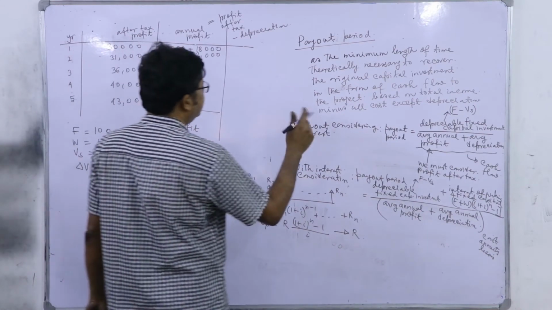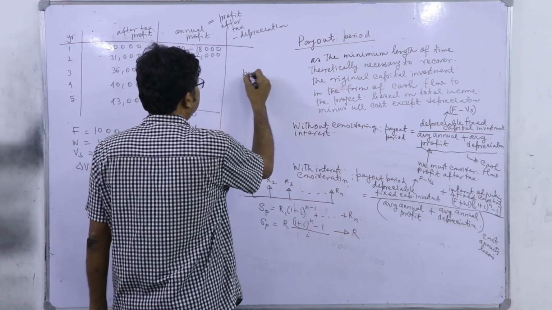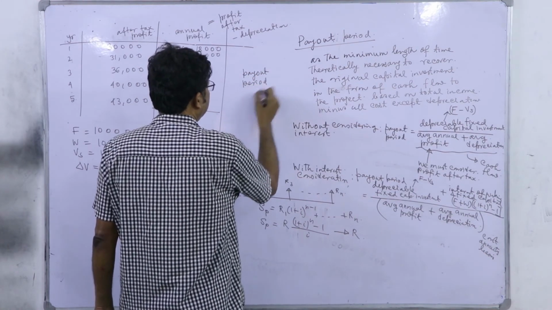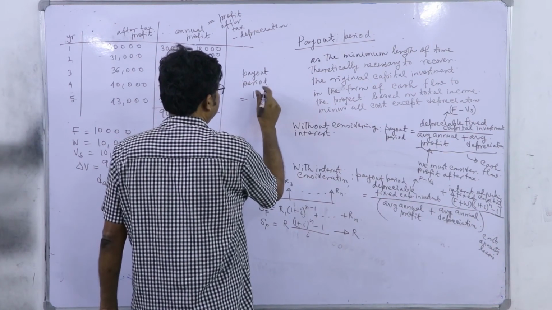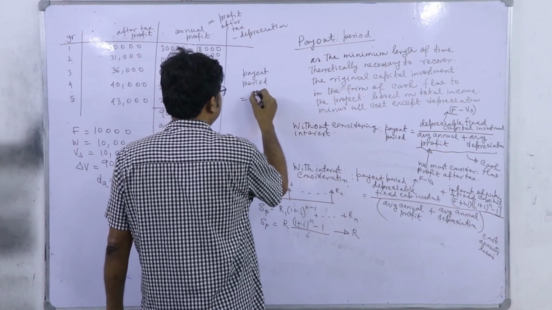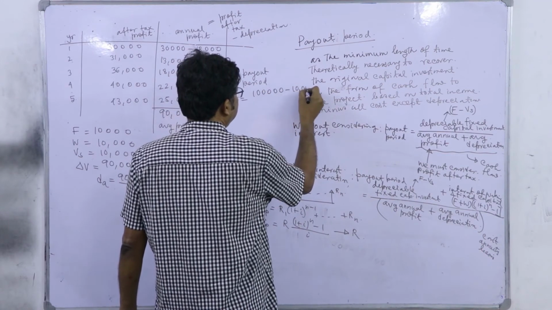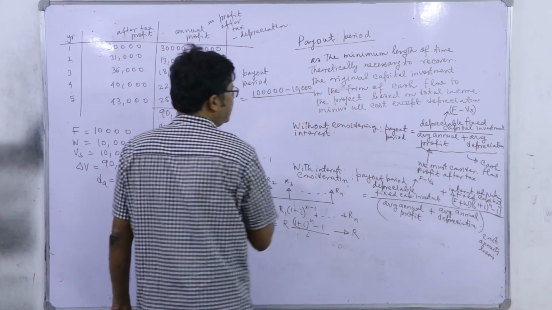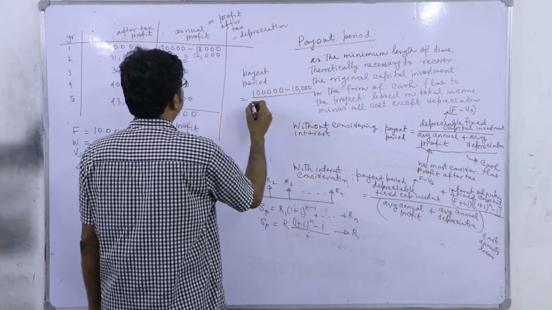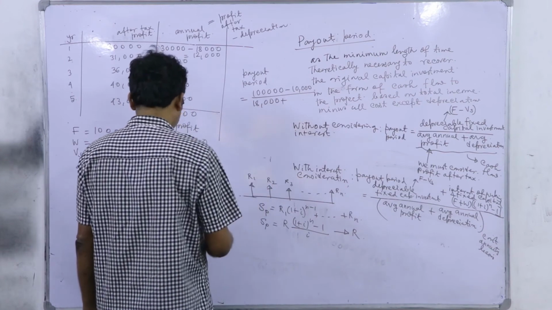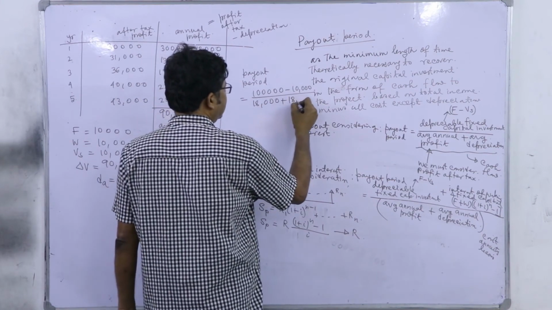Right. Now, your fixed capital, depreciable fixed capital. So, payout period, how will you calculate? Depreciable fixed capital, it is 1 lakh minus 10,000 divided by average annual profit, which is 18,000, plus average annual depreciation, which is also 18,000.